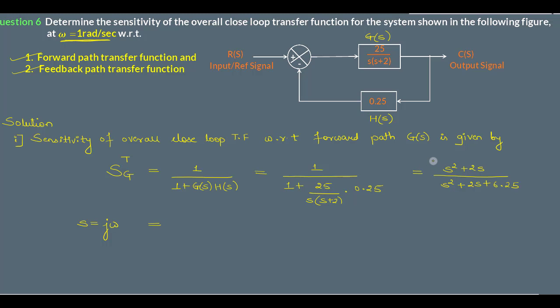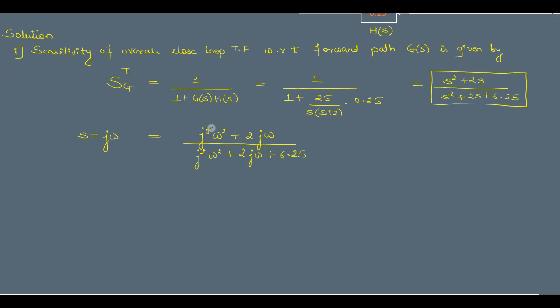So I will get (j square omega square plus 2 j omega) upon (j square omega square plus 2j omega plus 6.25).